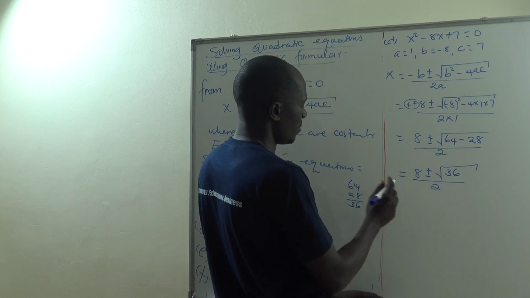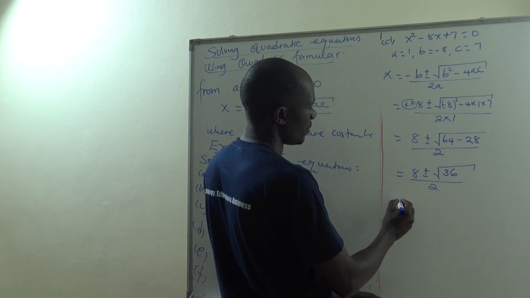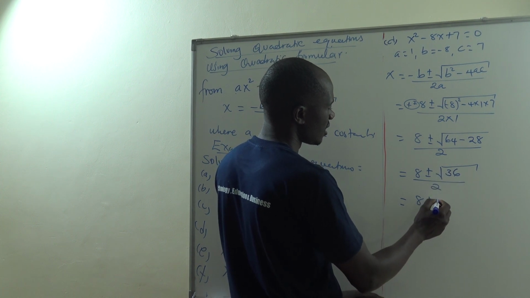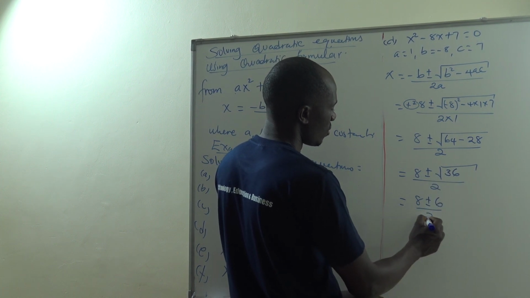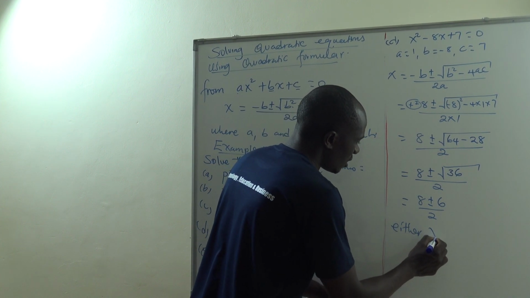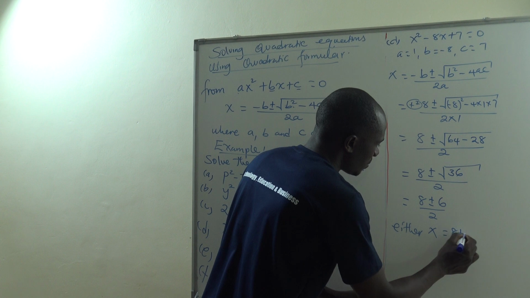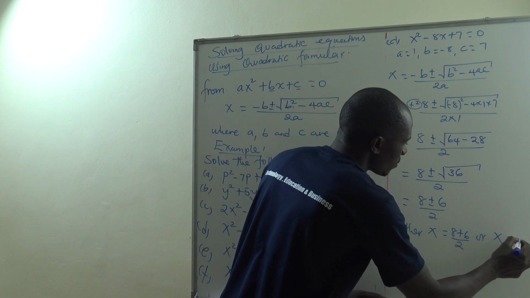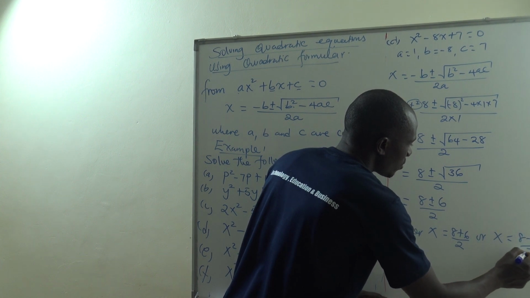So can we add on? This becomes 8 plus or minus the square root of 36, which is 6, over 2. Then we shall say either x equals 8 plus 6 over 2, or x equals 8 minus 6 over 2.